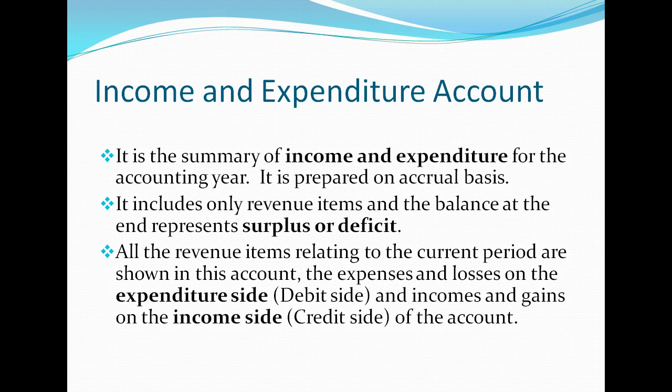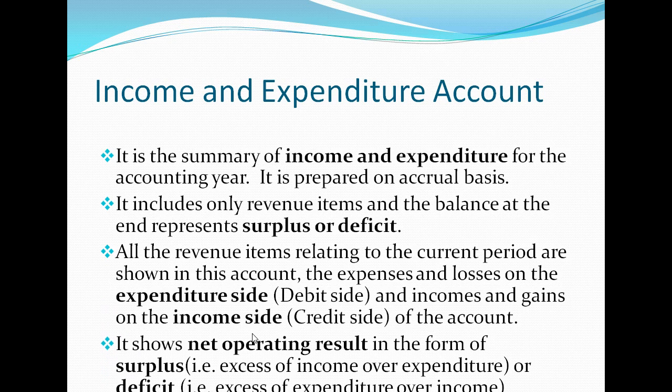All the revenue items relating to the current period are shown in this account, and expenses and losses are shown on the expenditure side or debit side, and incomes and gains are shown on the income side or credit side of the account. Income and expenditure account shows net operating result in the form of surplus, that is, income exceeds expenditure, or deficit if expenditure is more than the income.